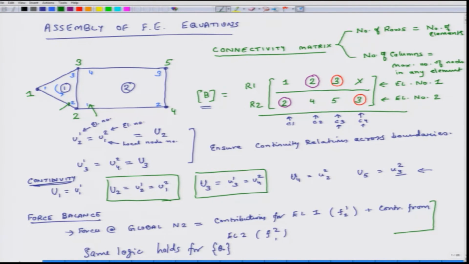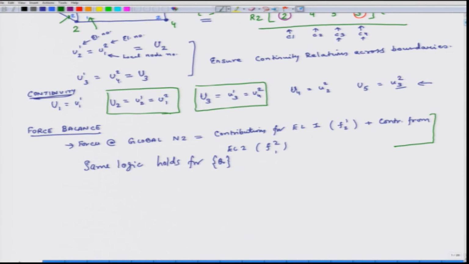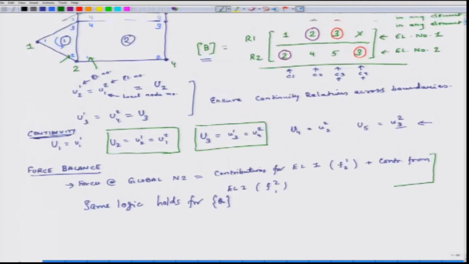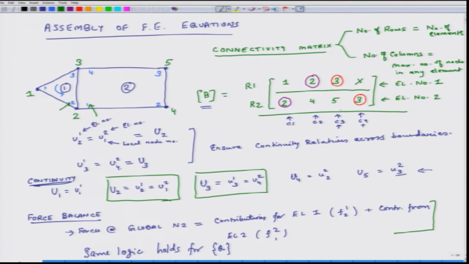It says to add up the equation associated with the second degree of freedom for element 1 to the first degree of freedom associated with element 2. Similarly, add up the equation for the third degree of freedom of element 1 with the fourth degree of freedom of element 2.